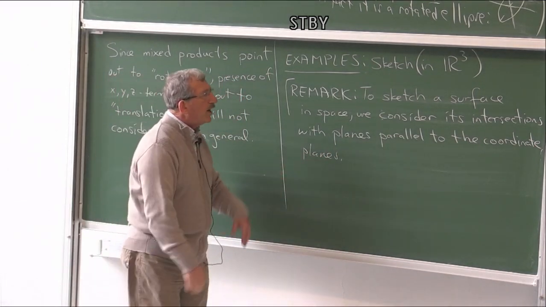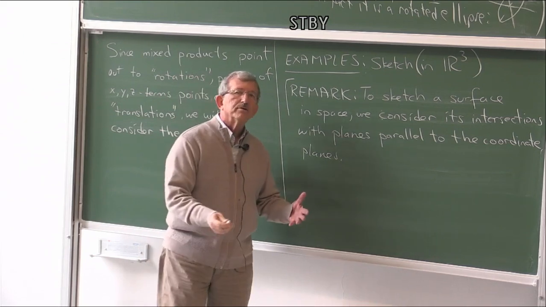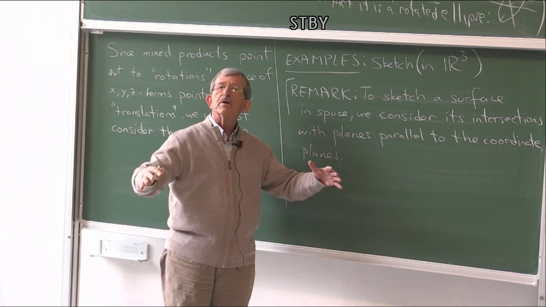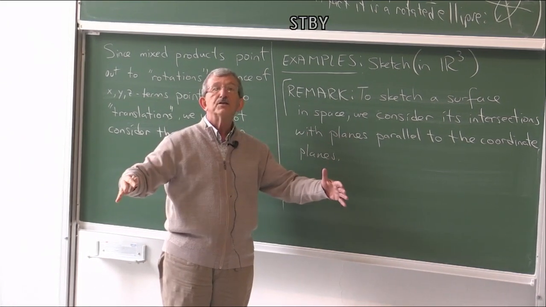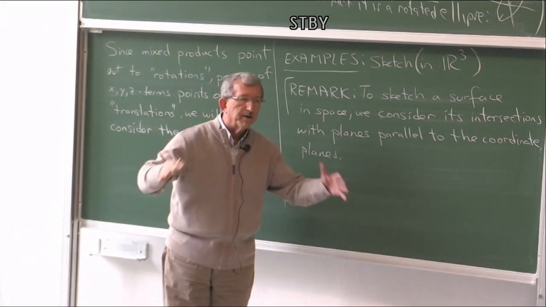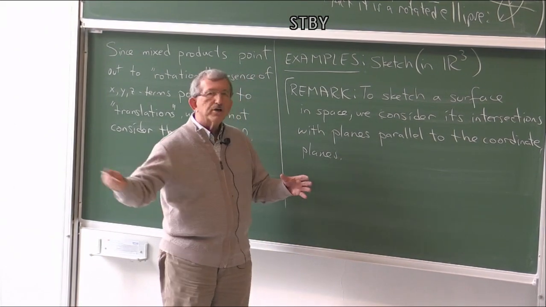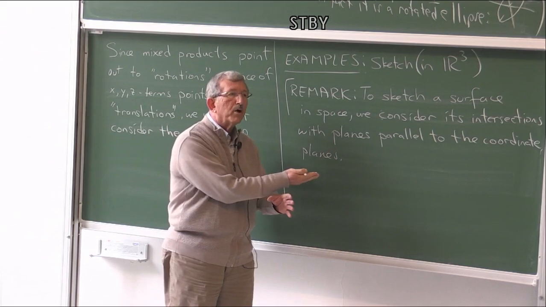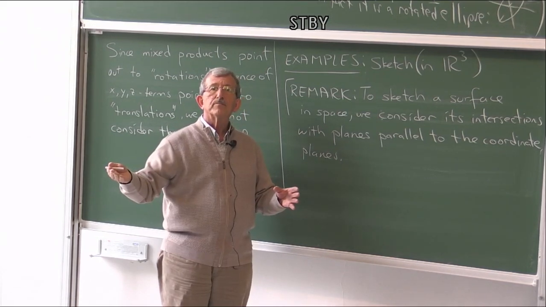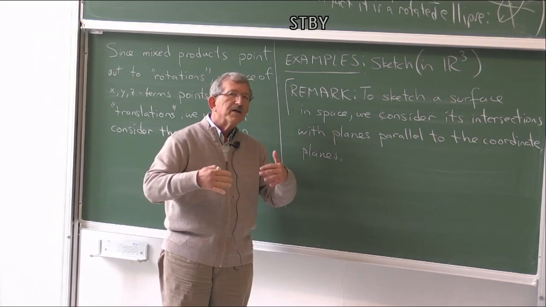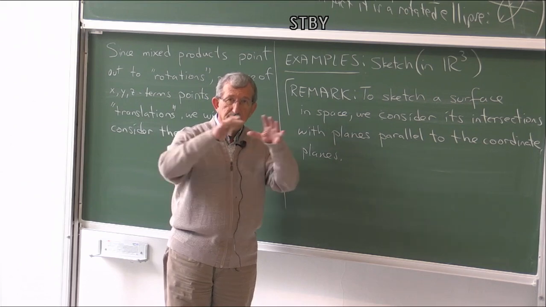Well, why do we do that? Just imagine you have a surface, something like a hill in space, the surface of a hill. Now, you intersect it, say, with a horizontal plane. Inside of the hill is empty, just the surface.